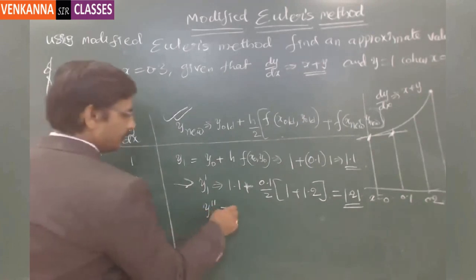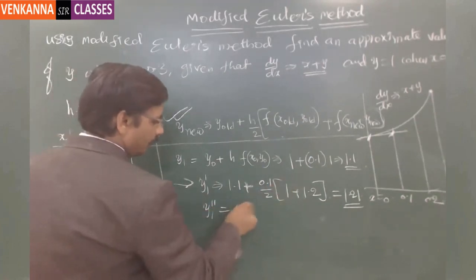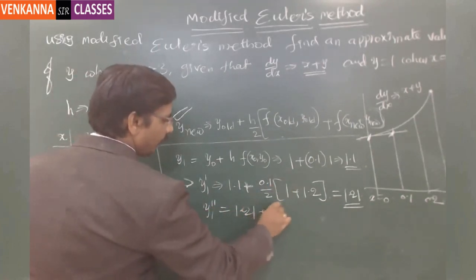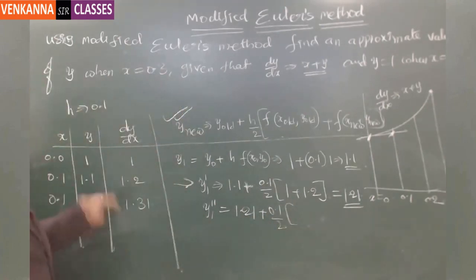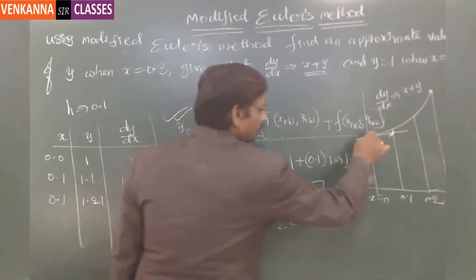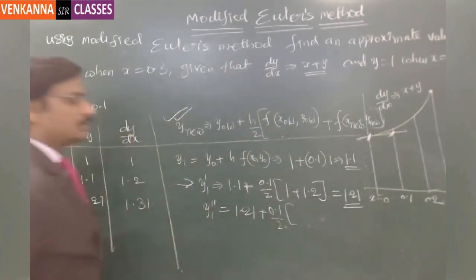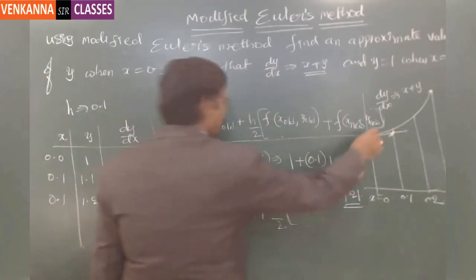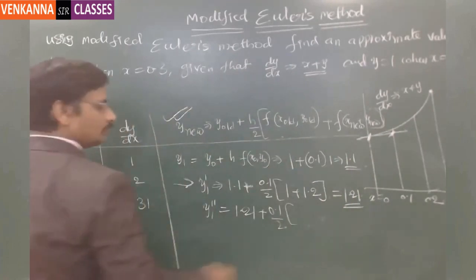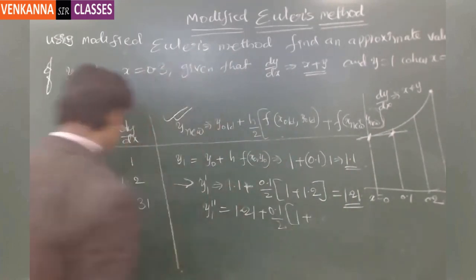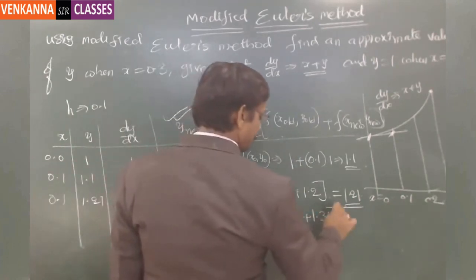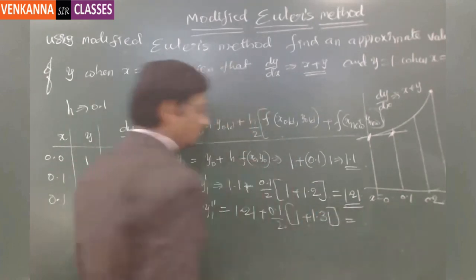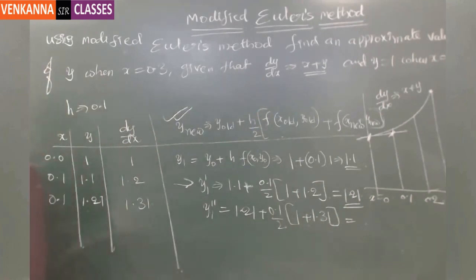Now the previous value is 1.21 plus 0.1 by 2 times, again considering the slope at this location, which is the initial slope 1, plus the newly calculated slope 1.31. Then you take the average of these two and calculate it. Got it?